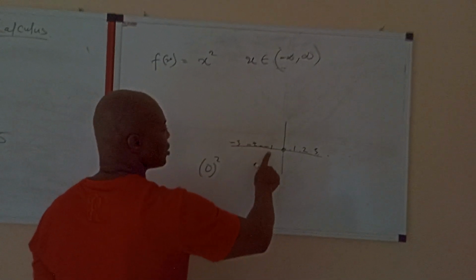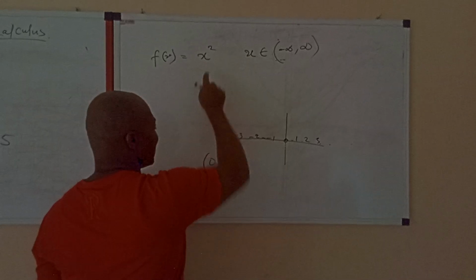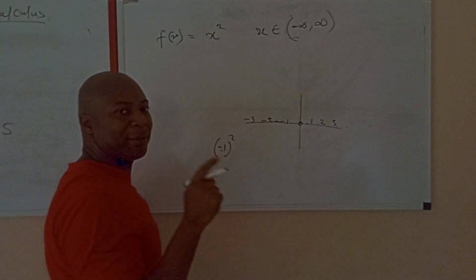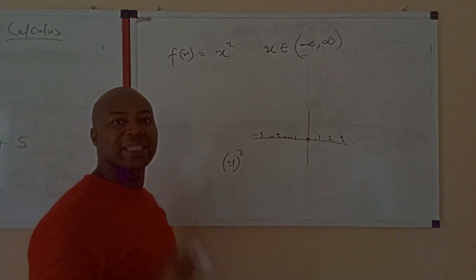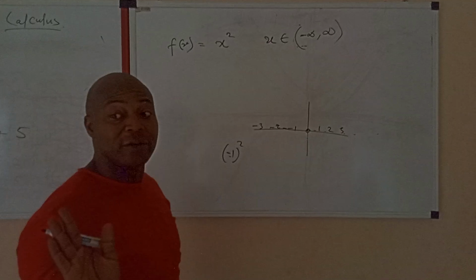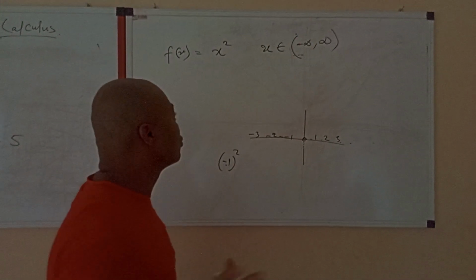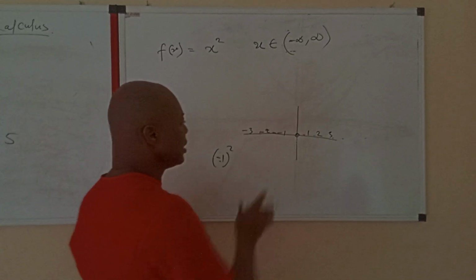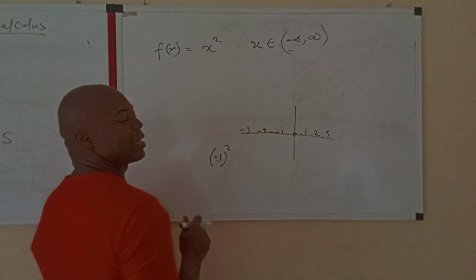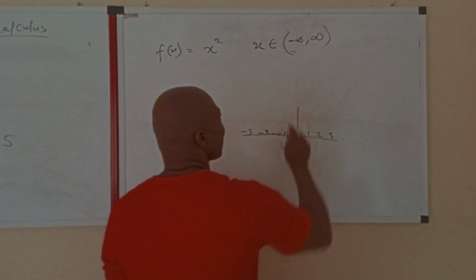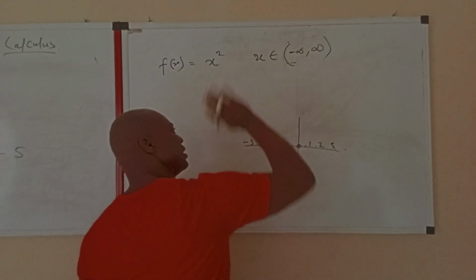Now if we put negative 1 inside here, you will see it is minus 1 times minus 1, and that will give you a positive number. It is not a complex number it will give you. It will not give you undefined either. So any number you put on this side, it will give you a number. Meaning this side and 0, they are very good for us. Meaning 0 and this other side, they are okay.